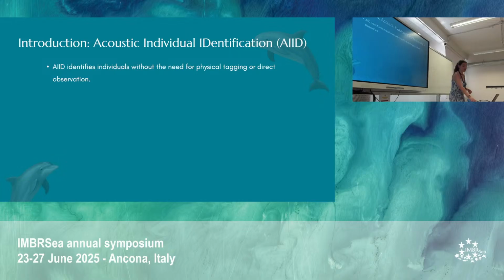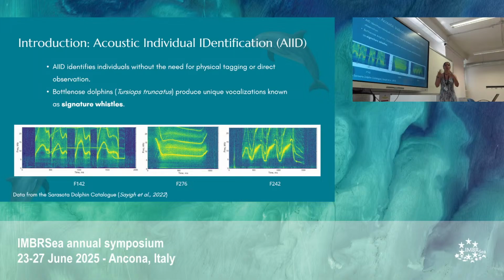It's also good that we use bottlenose dolphins, since they produce individual vocalizations known as signature whistles. These signature whistles are basically like our names, used to identify or even recognize other conspecifics.